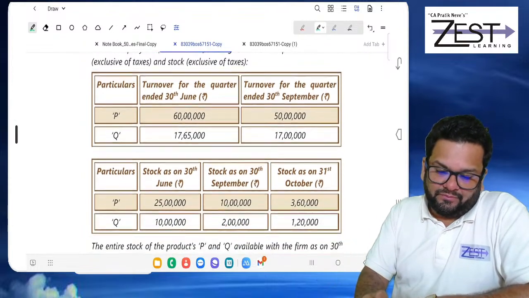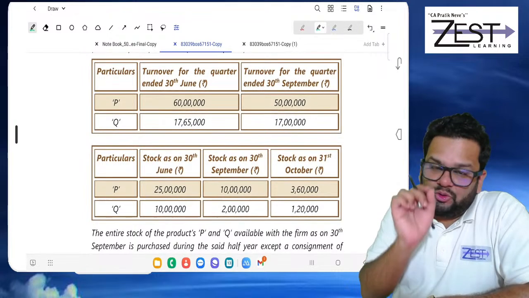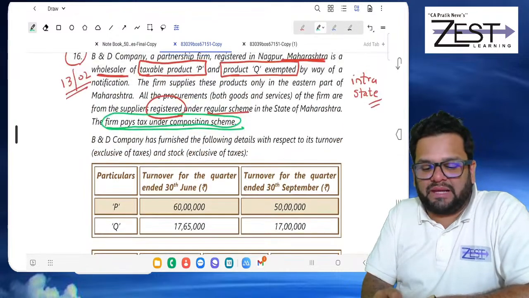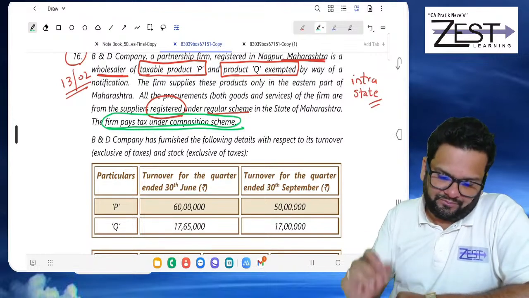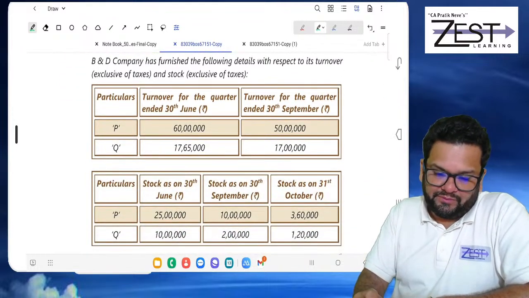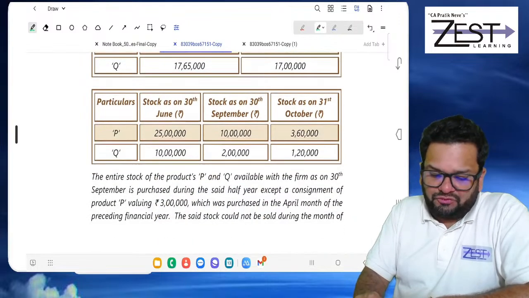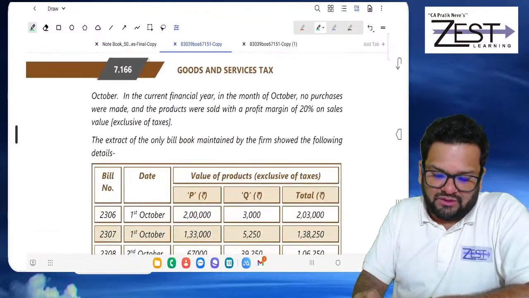See, you know that exempt supply also forms part of turnover. Yes or no? Yes. But first let's see what the question asked is.